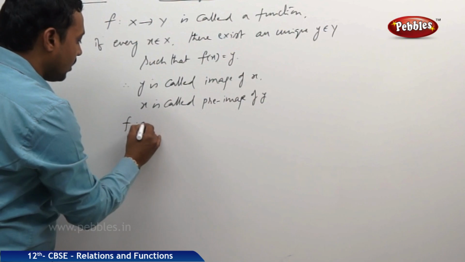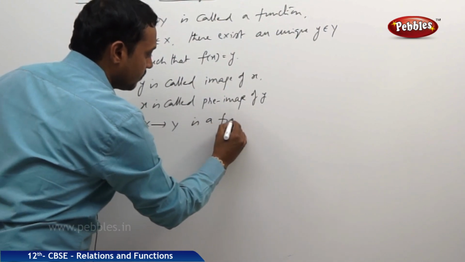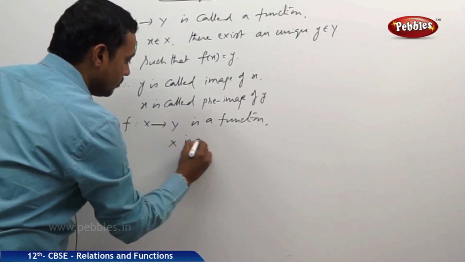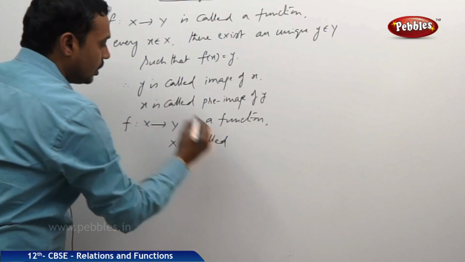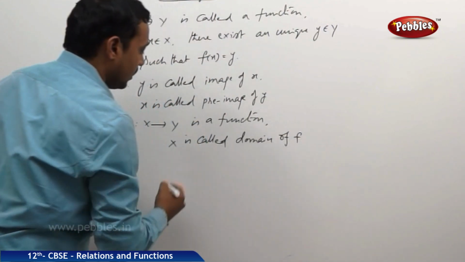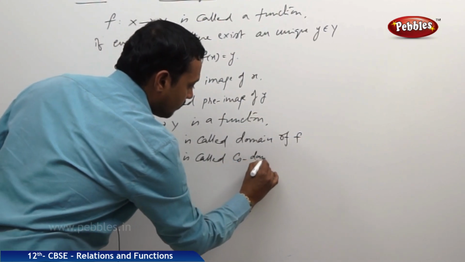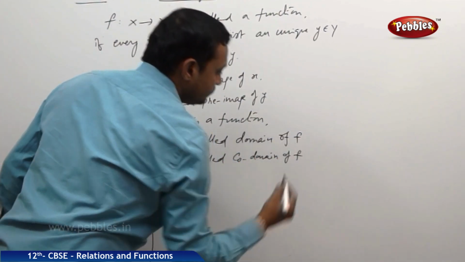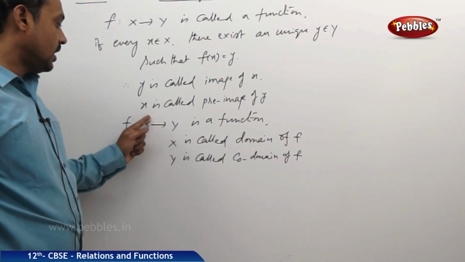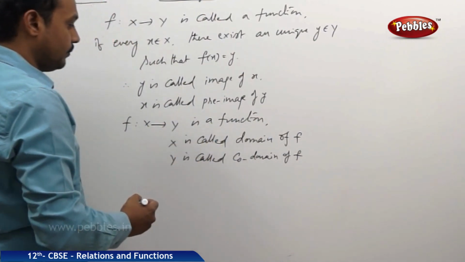And when the function f is defined from X to Y, then X is called the domain of the function f, and Y is called the codomain of f.